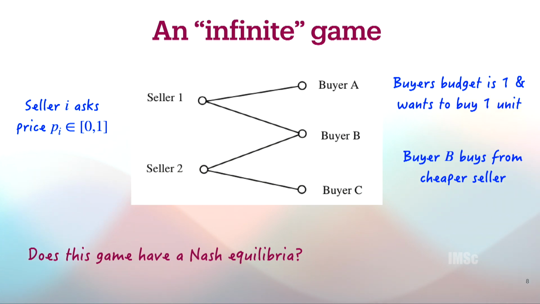Okay? So now the strategy here is the price you are quoting, the seller's strategy. This is clearly an infinite possibility space. The number of players is finite, but the action space is infinite. Okay? So here you don't have a Nash equilibrium.